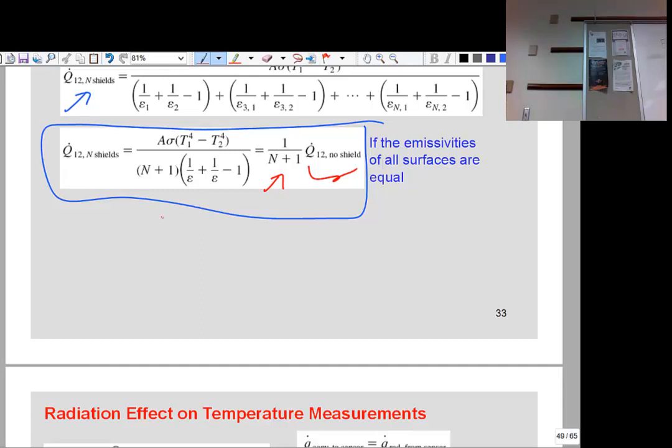Don't make it in degrees. I will probably put it in degrees C because I'm mean. I'm waiting for you to fall for the trick. 400 to the power 4, divided by, and here is the two epsilons, we have 1 over 0.5 plus 1 over 0.9 minus 1. That's it. And how much do we get? 2793 watt per meter square.